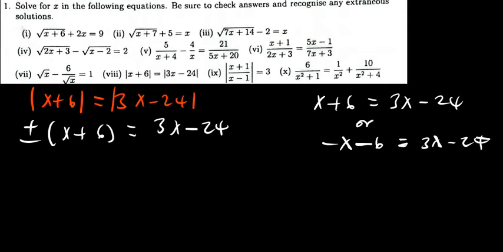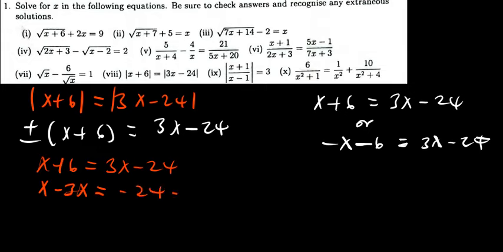So I'll start with the positive one. x plus 6 is equal to 3x minus 24. Shift 3x to the other side, 6 to the other side. So x minus 3x is going to be equal to negative 24 minus 6. This is going to give me negative 2x will be equal to, that should be negative 30.